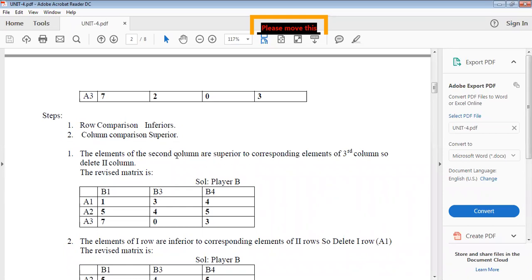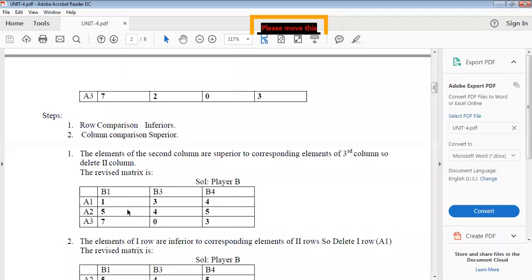The elements of the second column, 3, 4, are actually not superior, they are inferior to this particular third column. Corresponding elements of the third column, so delete the second column, because this particular third column is dominating the second column.